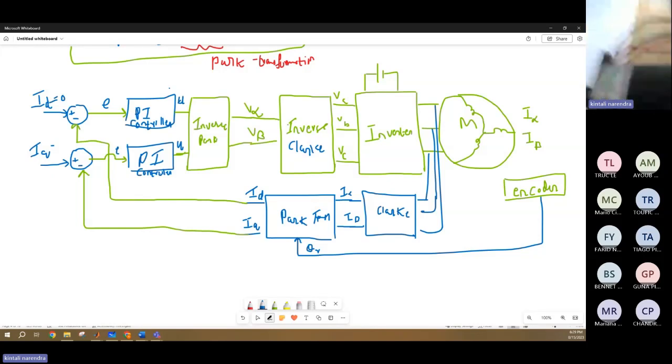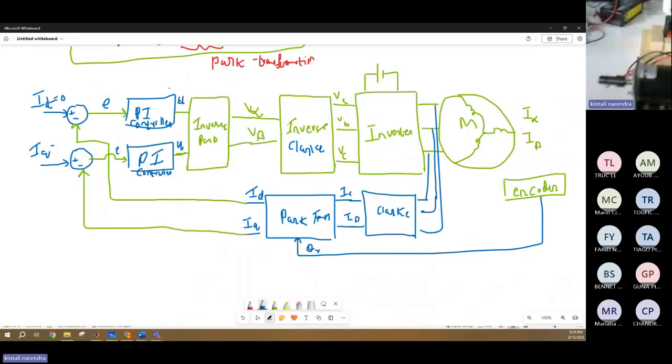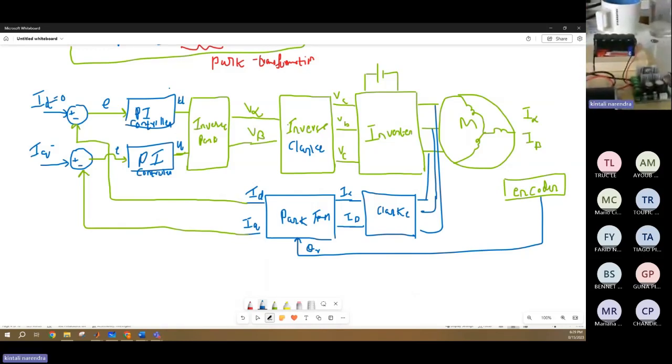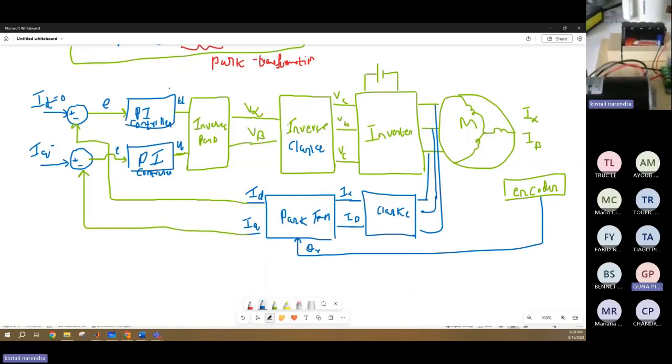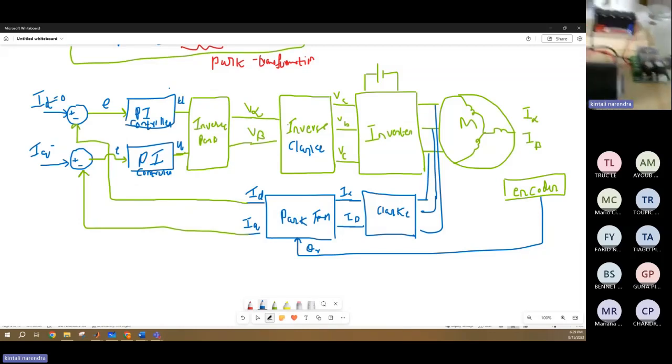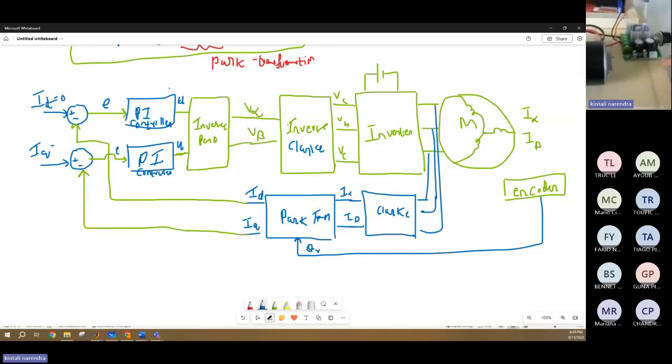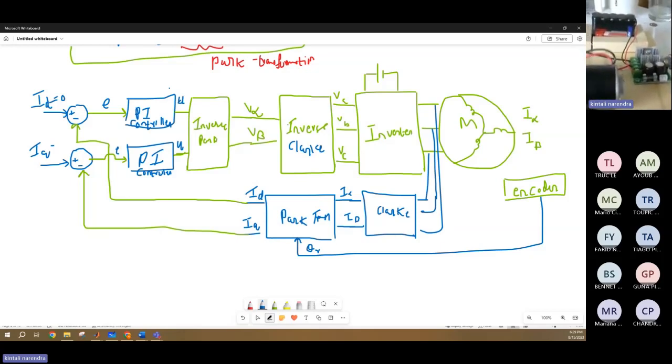Sorry if it's in bad condition, but you can see this is a DC motor, and this is a battery. Here is my control circuit. With this knob I'm increasing the valve position.